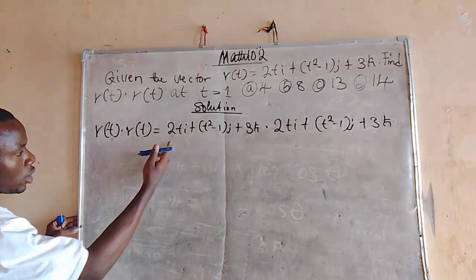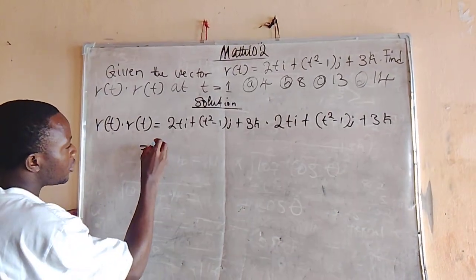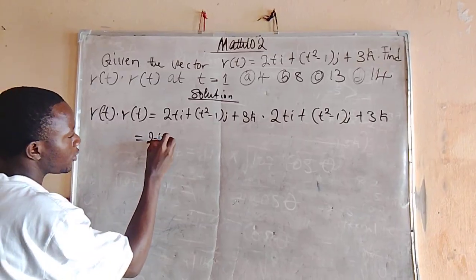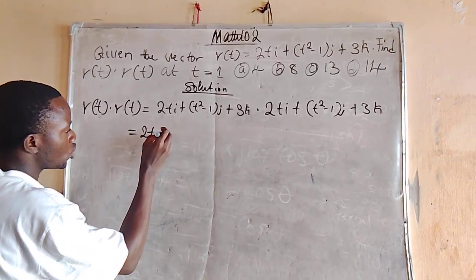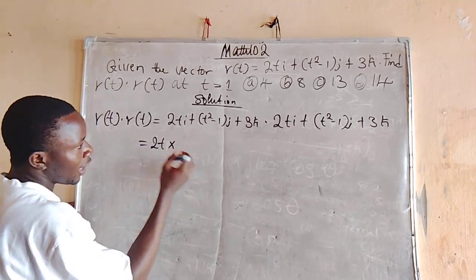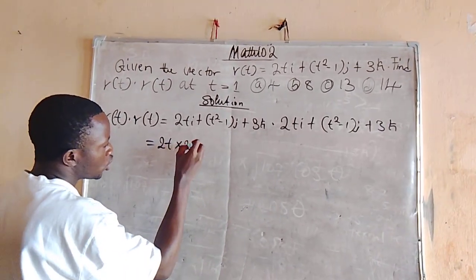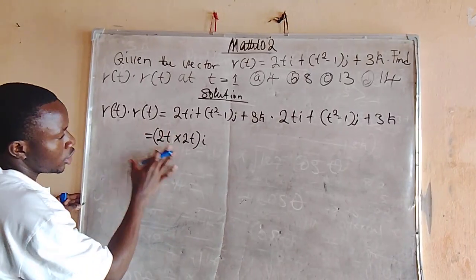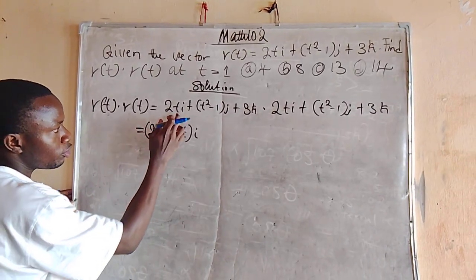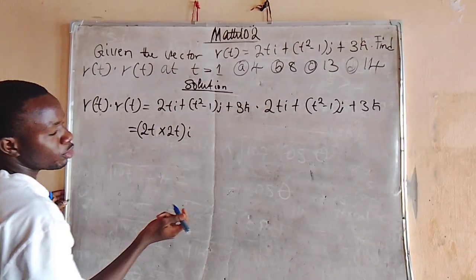Now, doing so, let me write them out. We have 2t multiplied by 2t. Everything is the i component. The whole of this part is the i component, multiplied by this i component here.